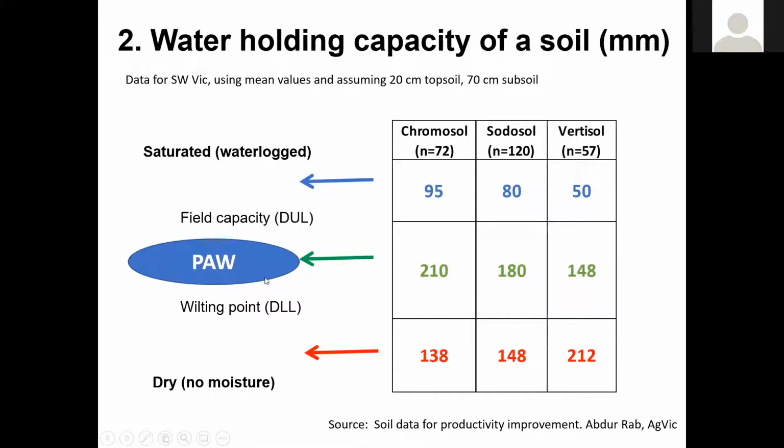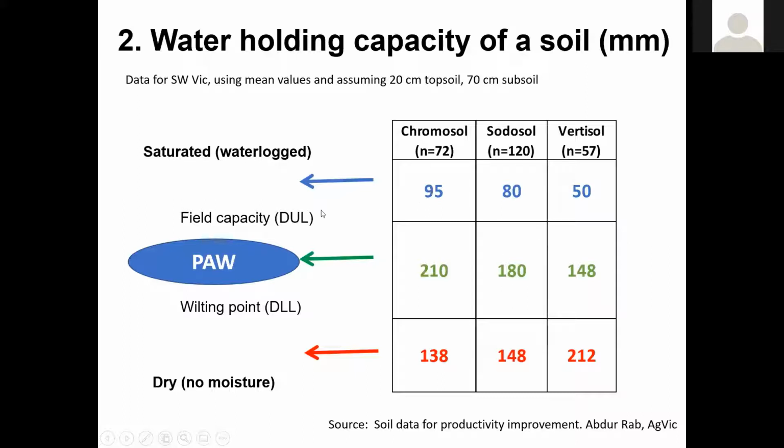If we start with the PAW, the amount of water available for plant use, or the bucket size as we sometimes refer to it, you'll see a distinct difference between the vertisols and the chromosols. That can be pretty significant, because there's a 60 ml difference in how much water those 2 soils can hold, with sodosols falling somewhere in between.